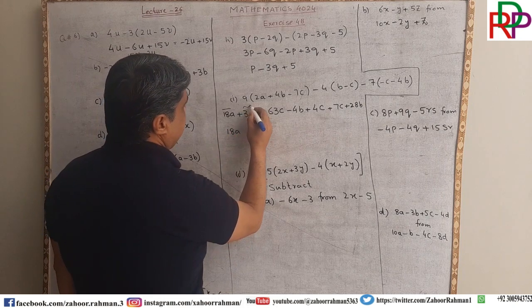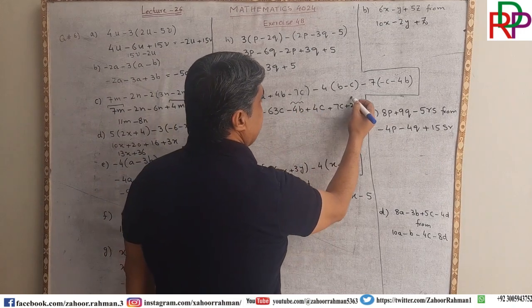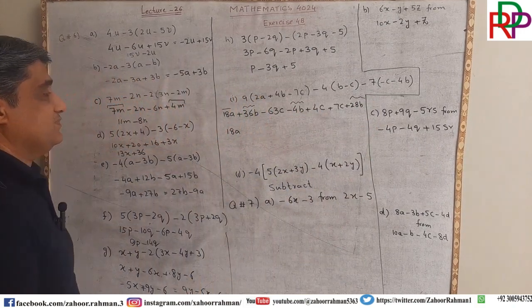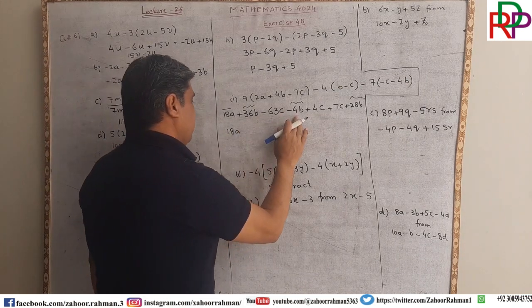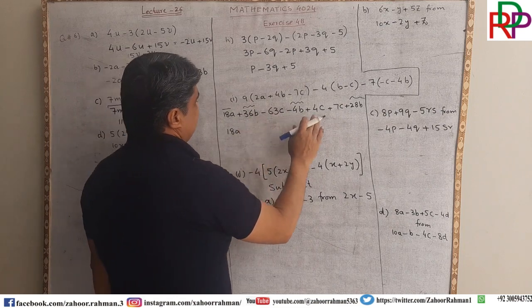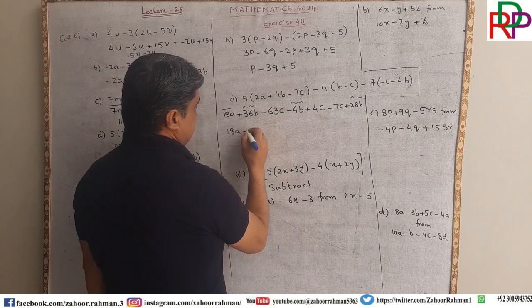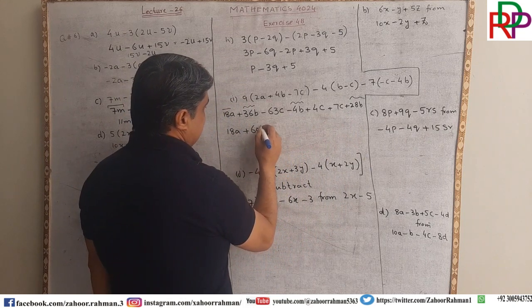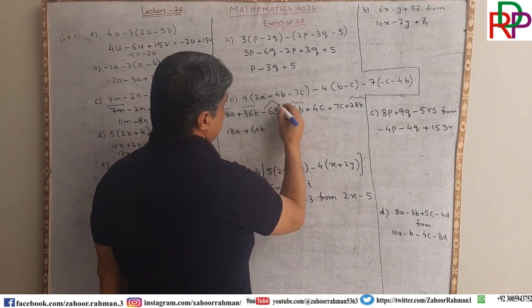Now we have to find b. 1b is this one, 1b is this one, and 1b is this one. So 36b minus 4b will give you 32, and 32 and 28 will give you 60. So plus 60b. Now we have to find the c.